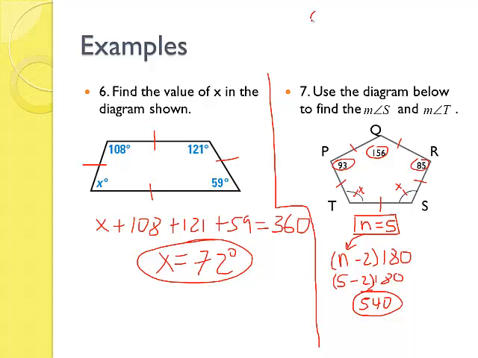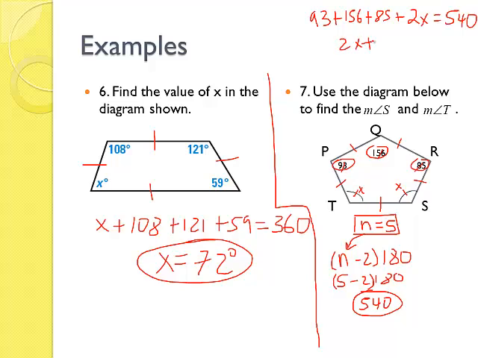That means that 93 plus 156 plus 85. So all I'm doing is I'm taking the 3 interior angles that I know plus x, so I'll say that's 2x. That has to equal 540. So if we know that, we can solve for x and collect like terms.